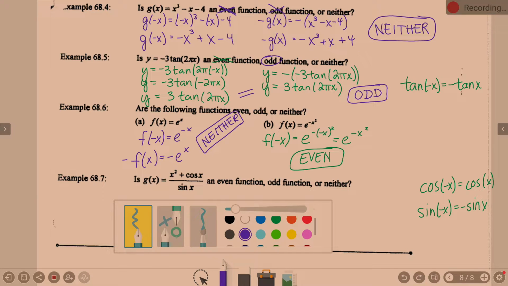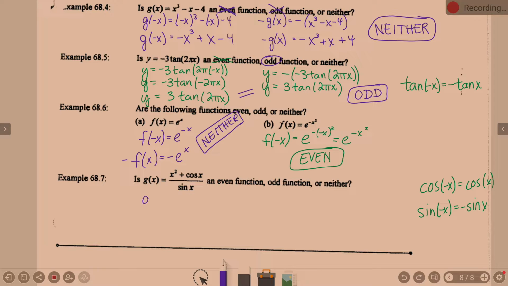So let's check this out. Or maybe you guys are already done and ahead of me. Okay, g of negative x, what do we figure out? Negative x raised to the second plus cosine of negative x over sine of negative x. Negative x raised to the second is positive x to the second.